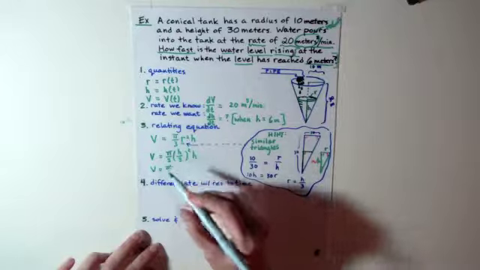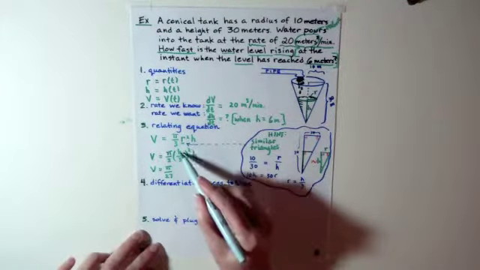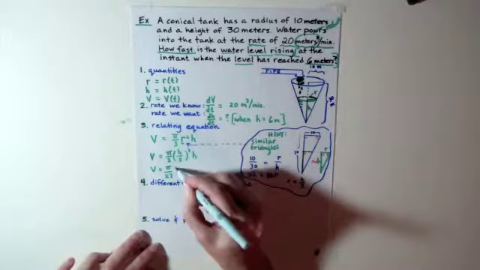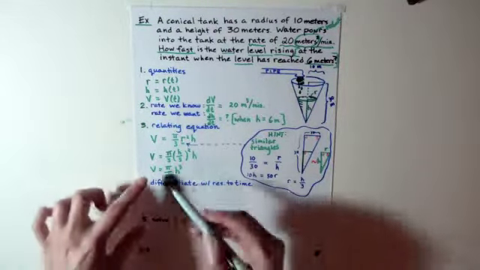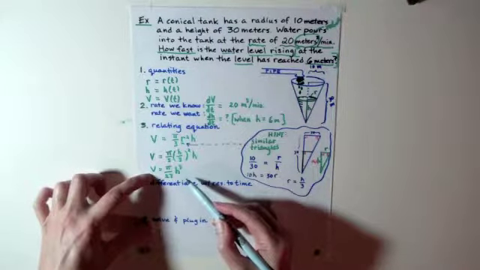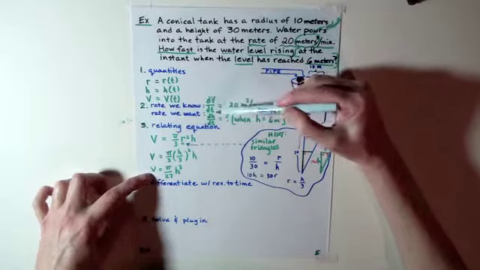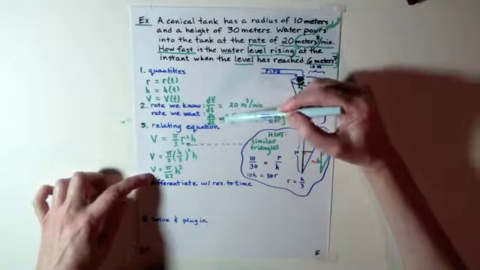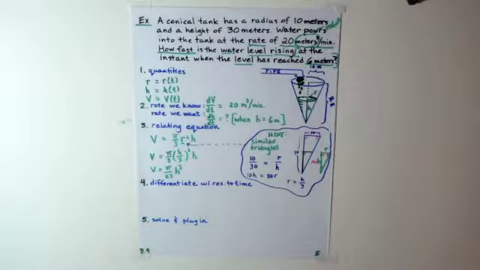If I multiply by this other 3, I get 27 in the denominator. I have an H squared times an H, so it will be an H cubed. So now I have V purely in terms of H, which is nice because when we differentiate, we'll get something that involves dV/dt, the thing that we know, and dH/dt, the thing that we're looking for.